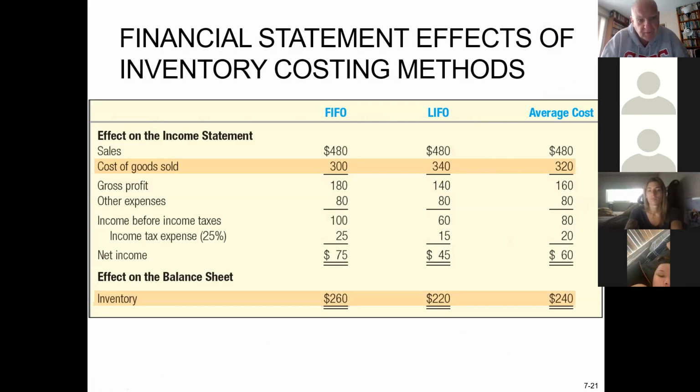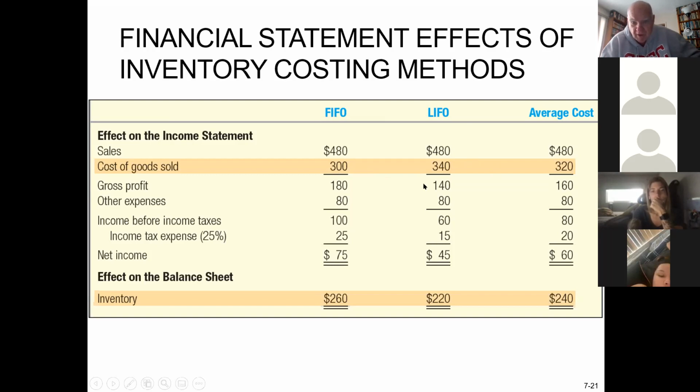So let's look at this. Remember, anytime I ask you about any differences in the methods, we're assuming prices are going up, okay? Because that's a normal economy. My question to you is, which method, looking at this, gives us the highest cost of goods sold? You just read the number. I see LIFO, 340, right? The cost of goods sold in LIFO is 340. It is higher than the cost of sales for FIFO.